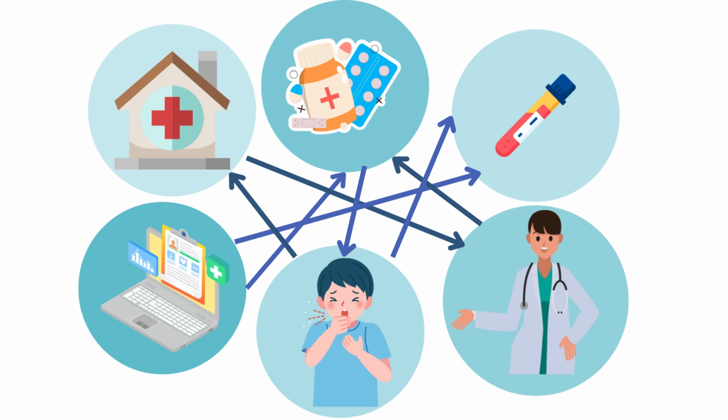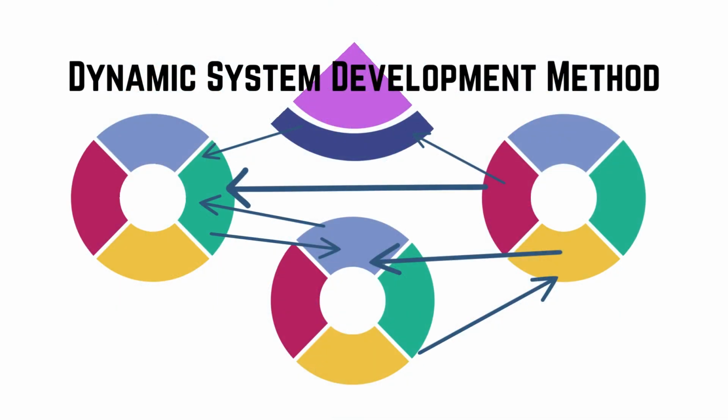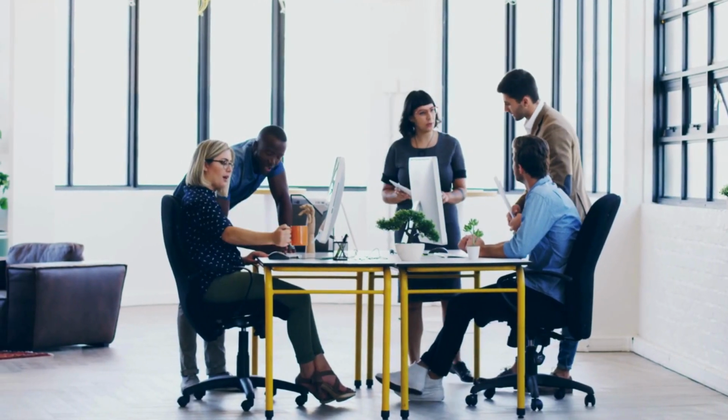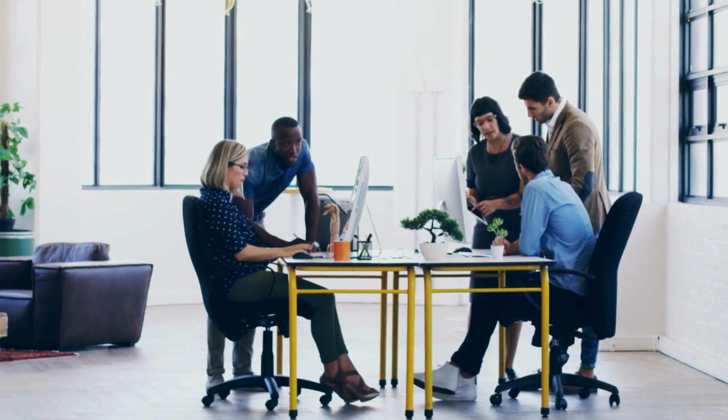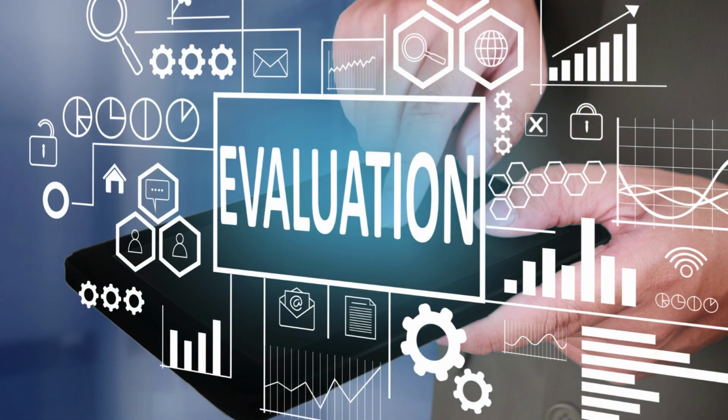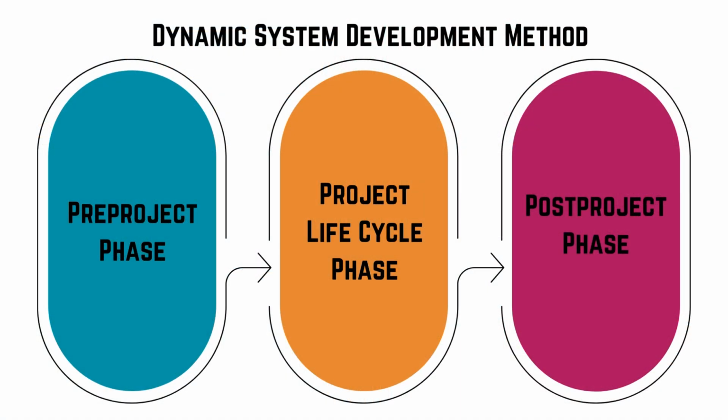The Dynamic System Development Method (DSDM) is a highly iterative and incremental approach with a high level of user input and involvement. The iterative process requires repetitive examination that enhances detail and improves accuracy. This method involves 3 phases: the pre-project phase, the project lifecycle phase, and the post-project phase.